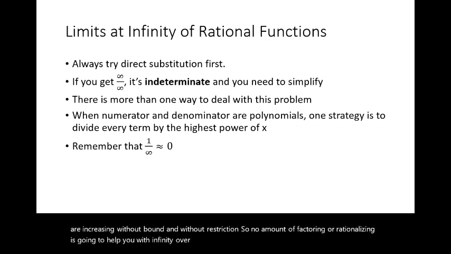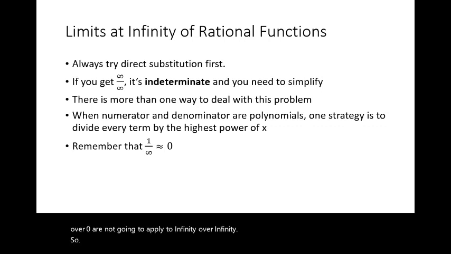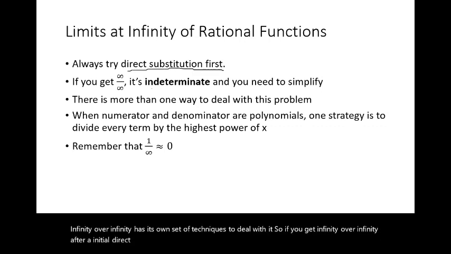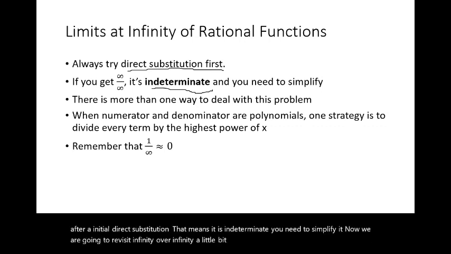So the techniques that you use to deal with 0 over 0 are not going to apply to infinity over infinity. So infinity over infinity has its own set of techniques to deal with it. So if you get infinity over infinity after an initial direct substitution, that means it is indeterminate and you need to simplify it. Now, we are going to revisit infinity over infinity a little bit later in the course, so there is more than one way to deal with this.